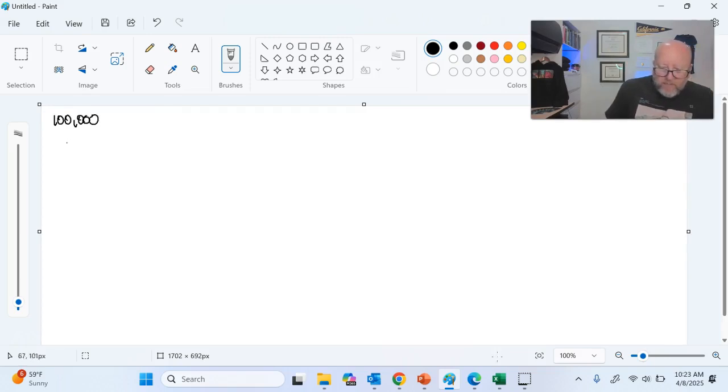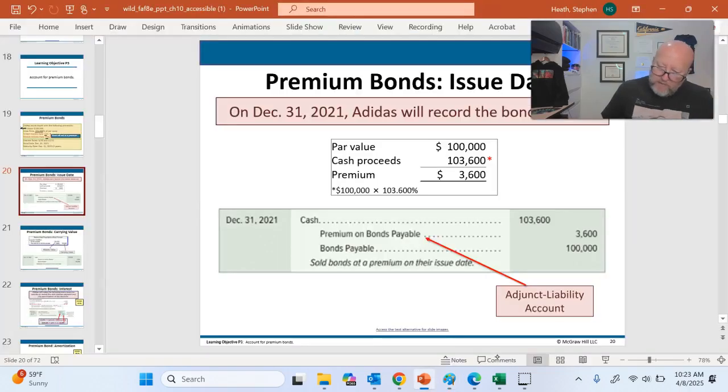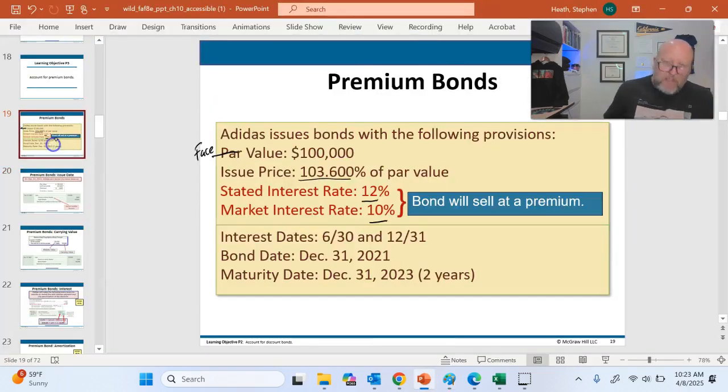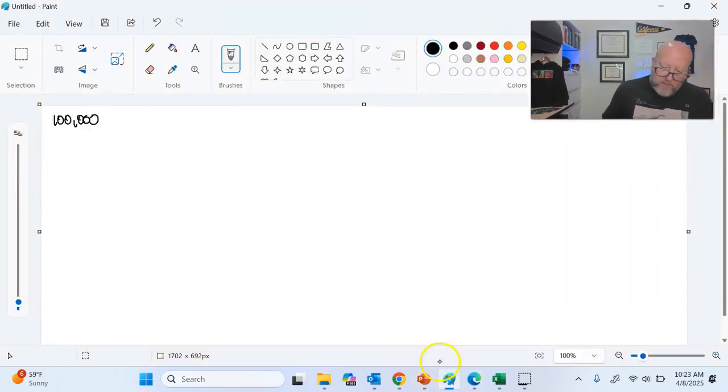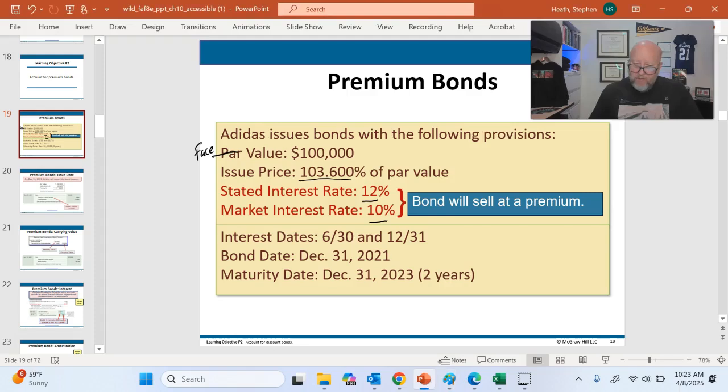What is our stated rate? Our stated rate is 12%. We're going to pay semi-annual, meaning we will pay twice a year. And then the maturity date is 2 years.